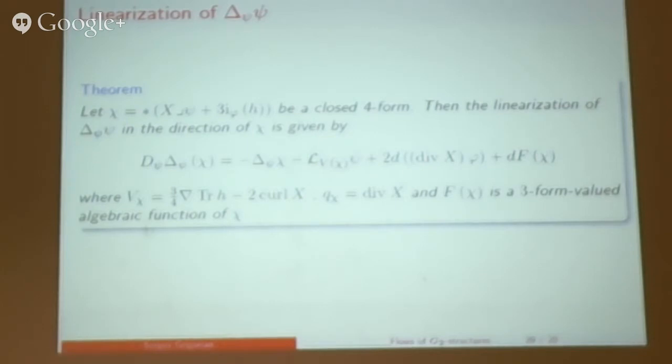Basically, this term causes our equation to be not even weakly parabolic. So the principal symbol becomes, well, sometimes positive, sometimes negative, so it has both positive and negative eigenvalues.